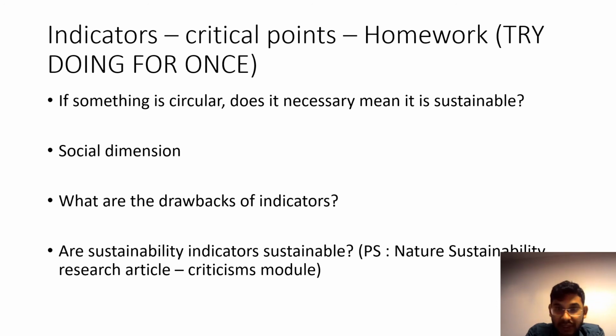The better an indicator is, the less sustainable the reality is. Remember, the sustainability indicators have been developed over a long period of time, and they are inside the official framework of the UN. So it's always good to have a critical viewpoint on the sustainability or the circularity indicators, okay?